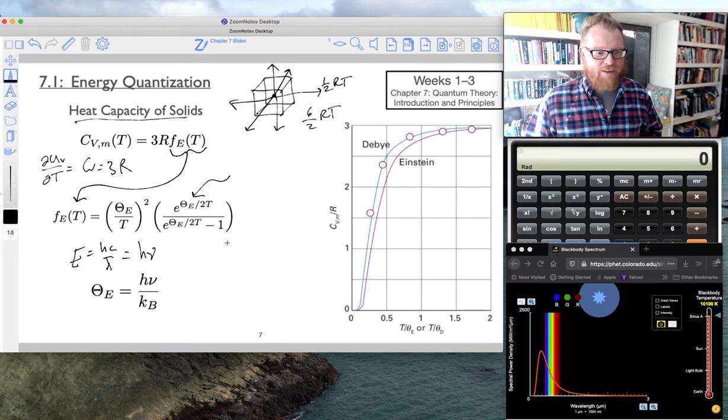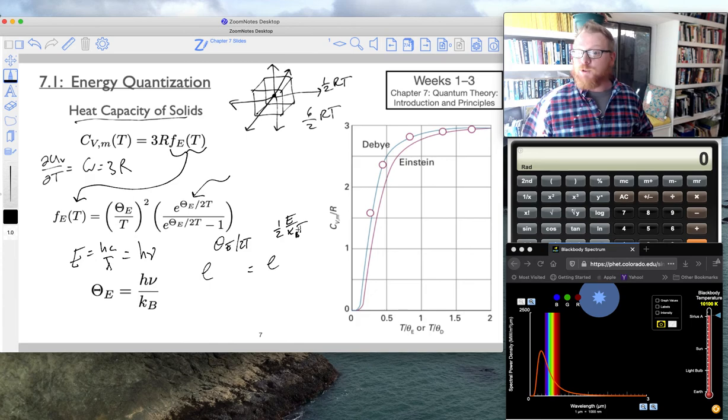So when I look at this exponential here, e to the theta E divided by 2T, check it out. We recognize that h nu is energy. So this just becomes e to the 1/2 energy divided by k Boltzmann T, which is kind of cool.